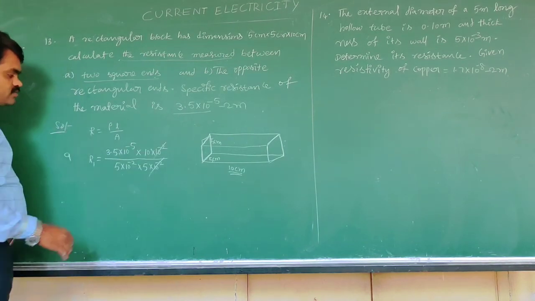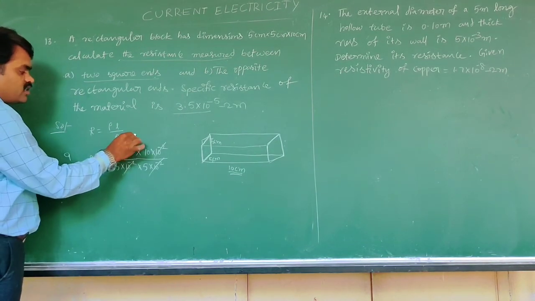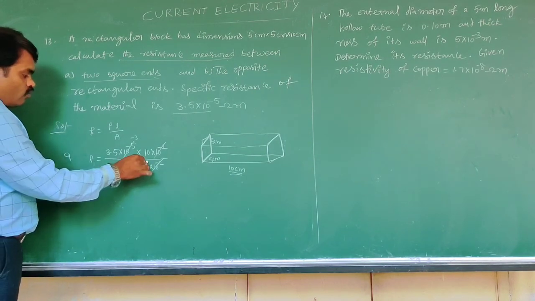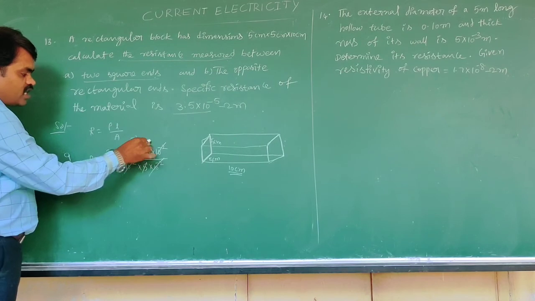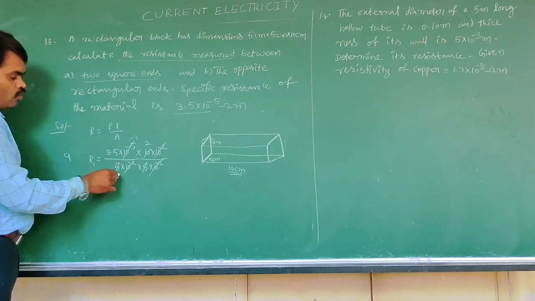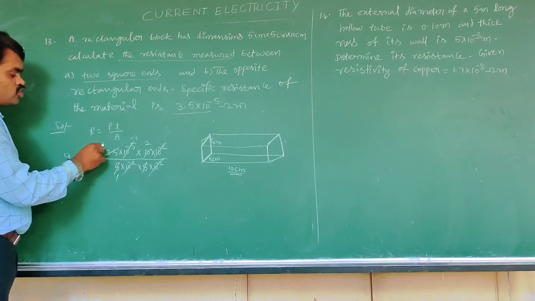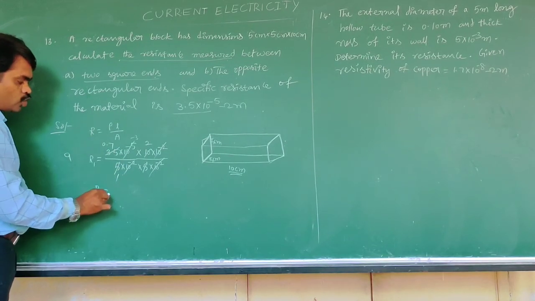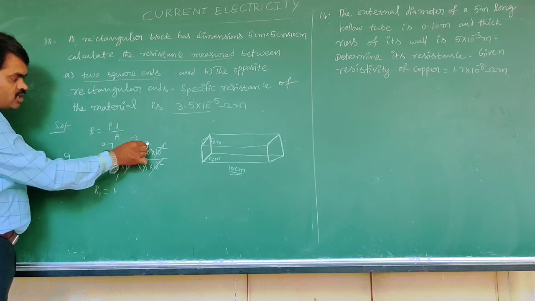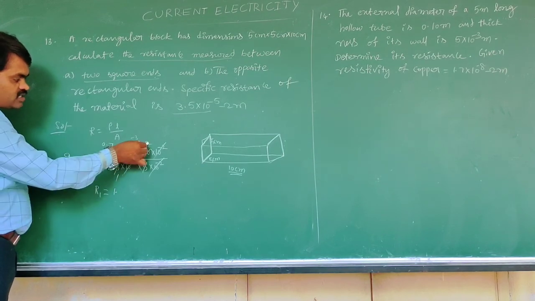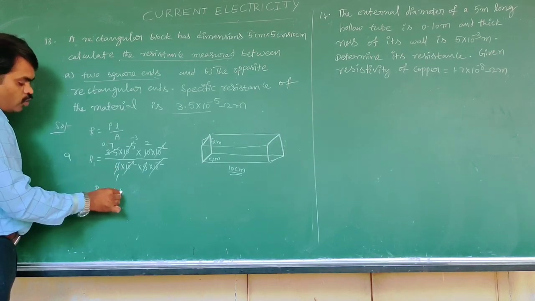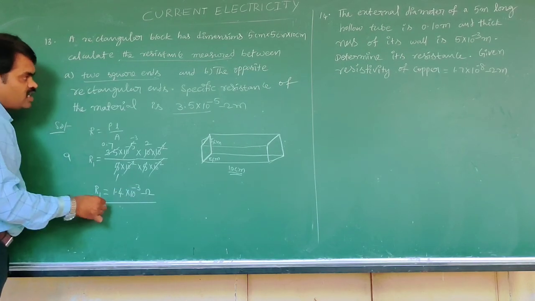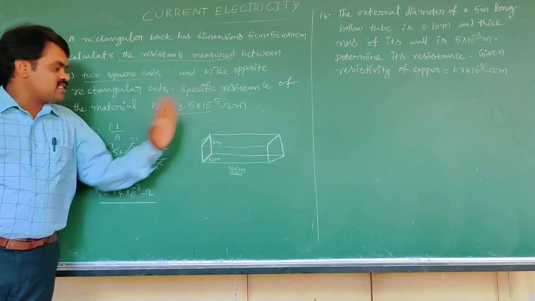Minus 2 cancels, minus 2 minus 3 here. Then R1 is equal to 1.4 into 10 to the power of minus 3 ohms. This is for the two square ends.